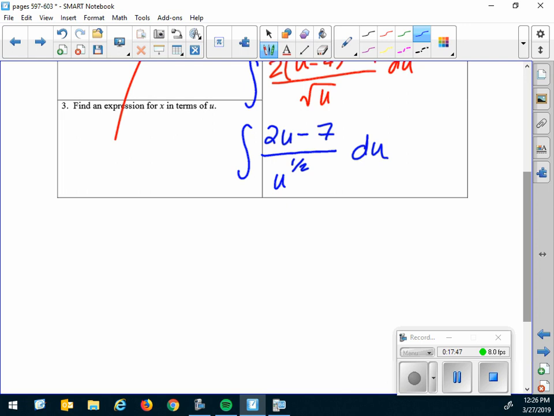I could, and do what with it? Move it up. So it's 2u minus 7 times u to the negative 1/2. What would I do with it then? I could do it that way. I could absolutely do it that way. Here's what Chase said. He said I could change this to u to the negative 1/2, bring it up and distribute.